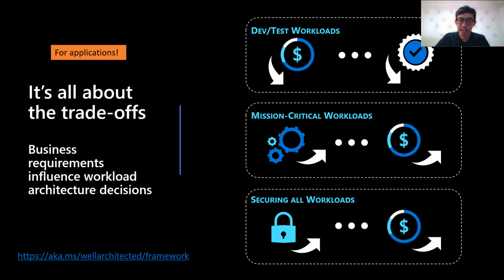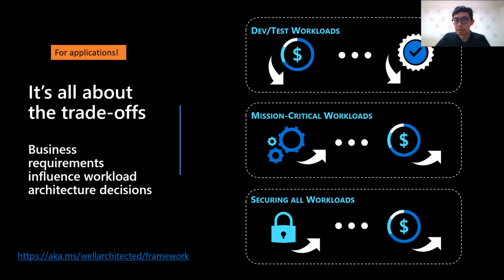For dev and test, sometimes costs can be reduced and optimized, but this may impact reliability. So these are some of the trade-offs that you may be forced to make if it is in line with business expectations.